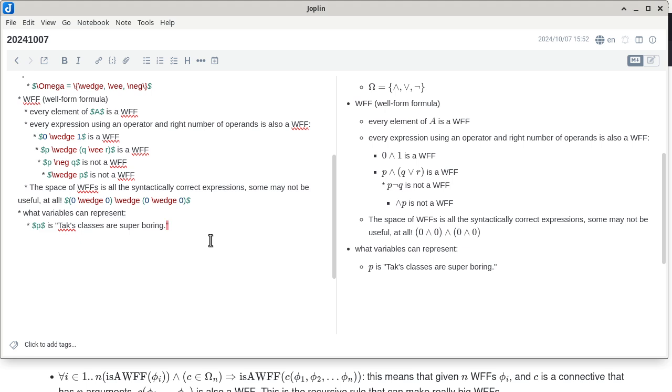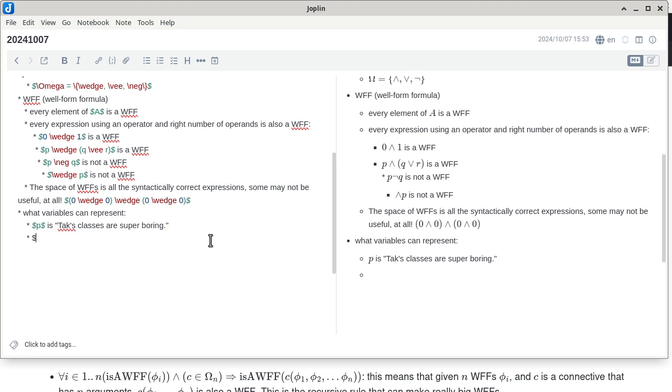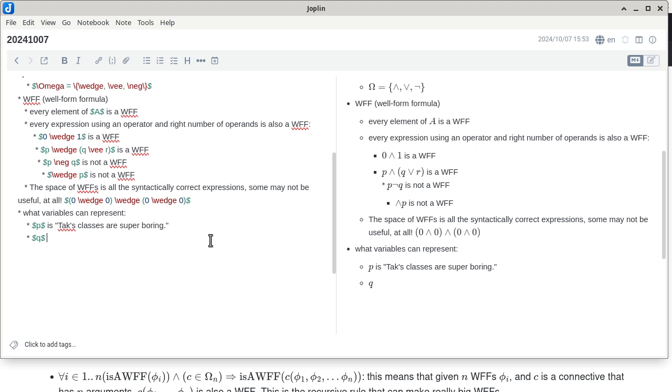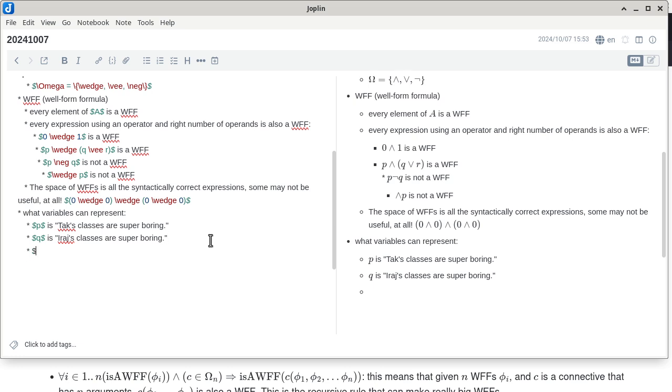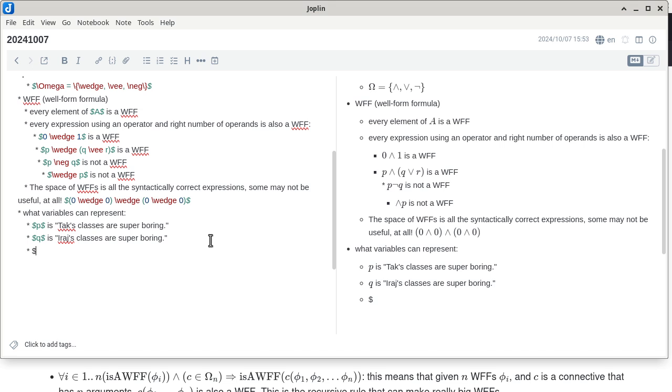Now I can also say something else. I can say Q is defined as Iraj's classes are super boring. Is that okay? So these two are variables. Now I can say that axiomatically one thing is always true.